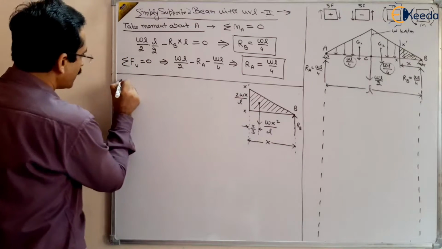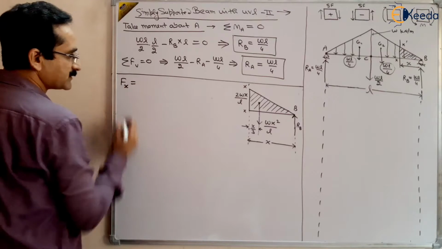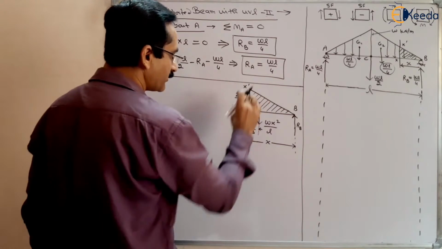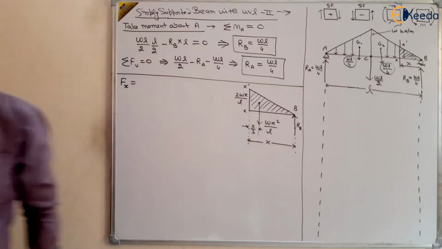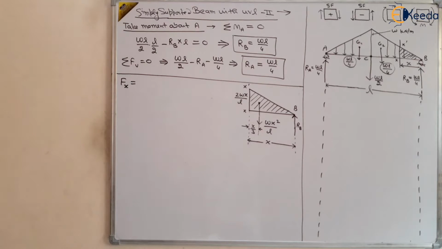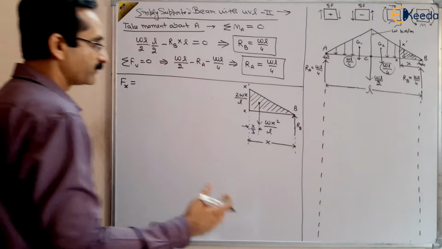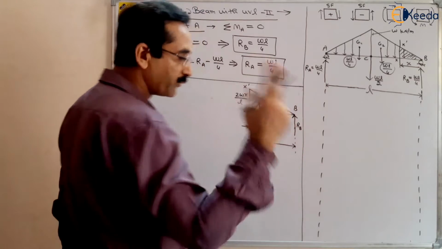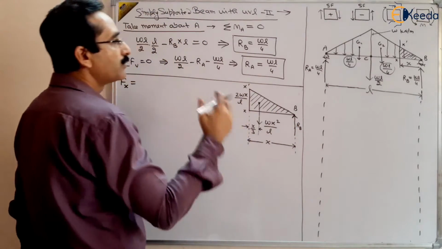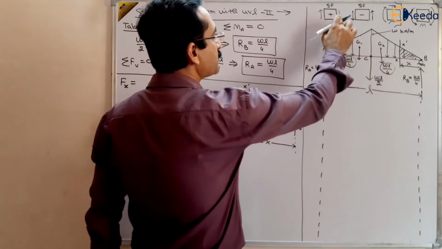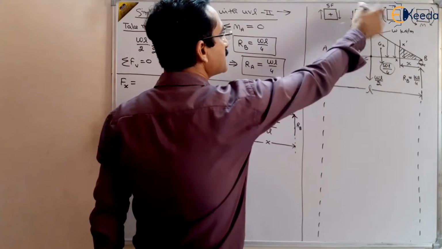If you want to find the shear force at a distance x, at this section, what is the definition? The sum of all the vertical forces to the right of the section. To the right of the section there are two forces, RB upward and Wx square by L downward. Downward force on the right section is positive and upward force on the right section is negative.